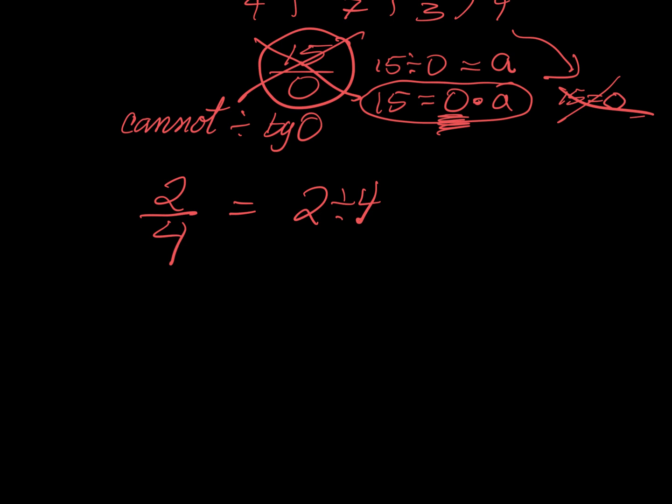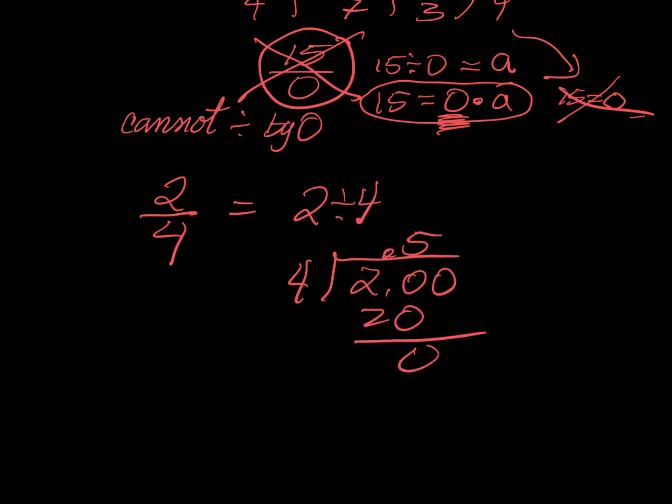So that means 4 goes into 2 how many times, and we begin to do the division. All right, and so 2 divided by 4 is equal to 0.5, or if you wish, in correct decimal, 5/10, because the place value is tenths. So that becomes the decimal representation of 2/4.